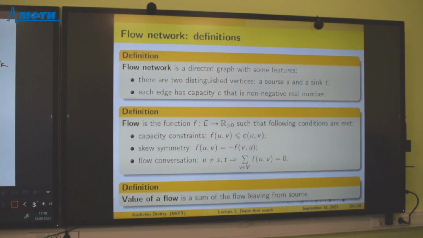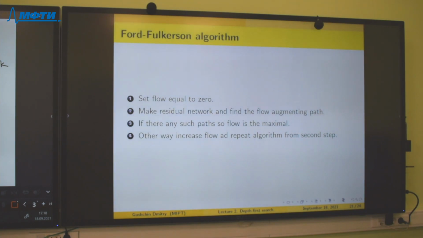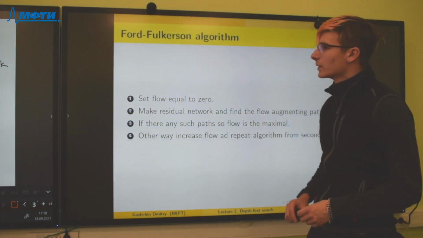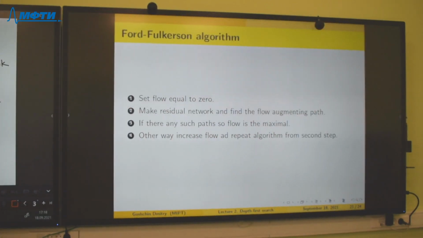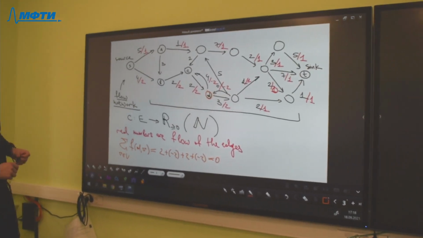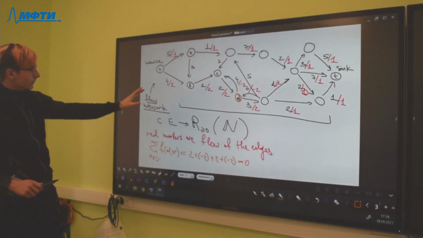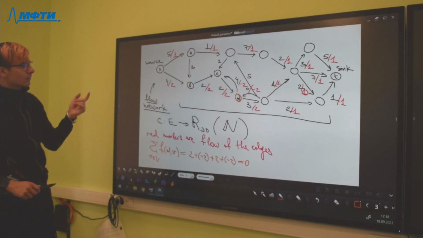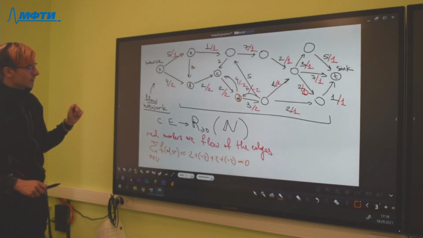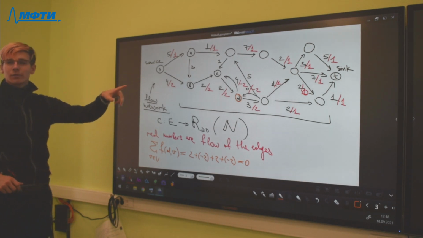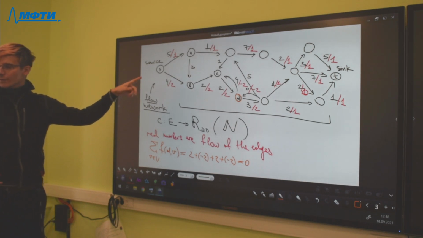So about the Ford-Fulkerson algorithm, it's a very big network to use it on, I think. But I can draw one thing that says that this flow is the maximal flow in this network.